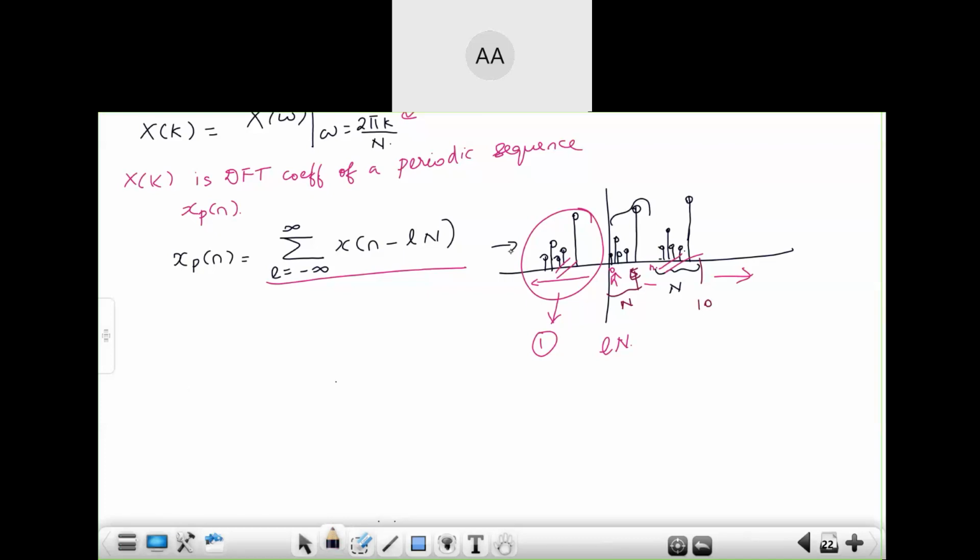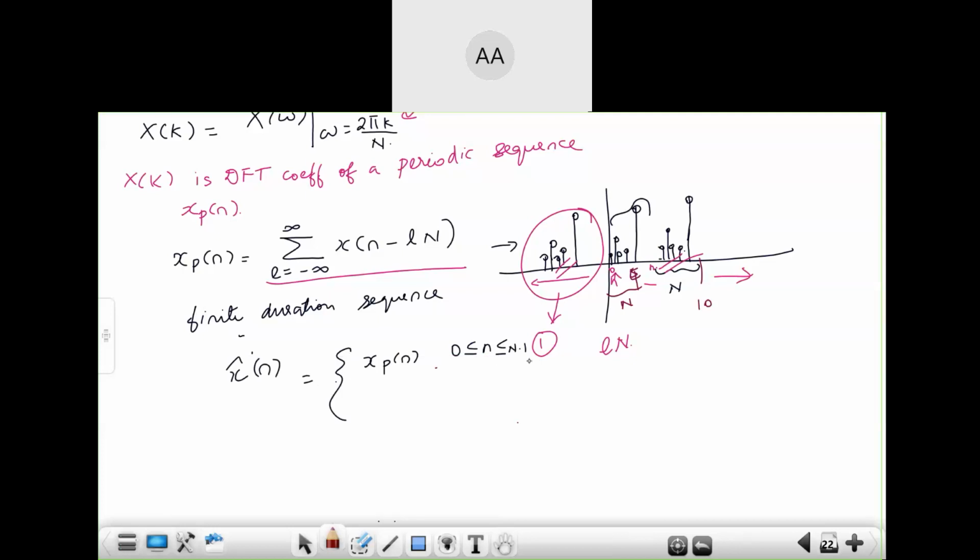Okay, write down next. Finite duration sequence, say you call it x hat of n, is xp of n for a range of 0 to n minus 1. What is the meaning of this?